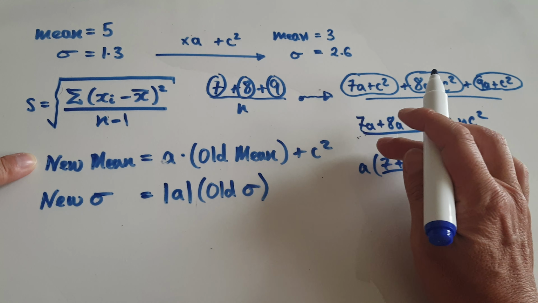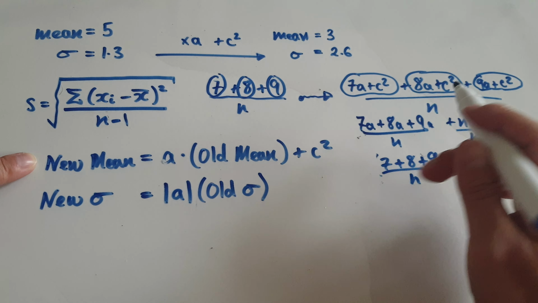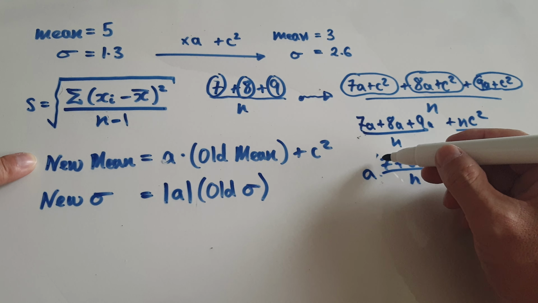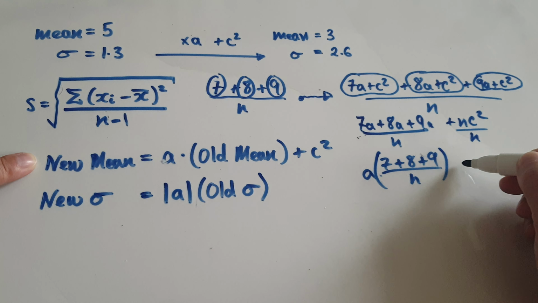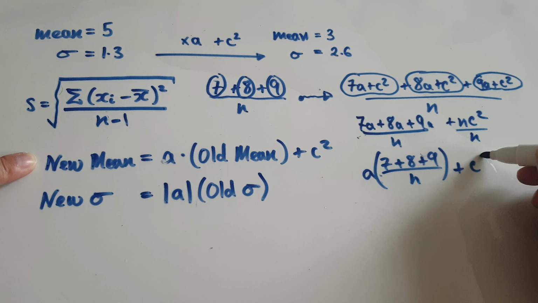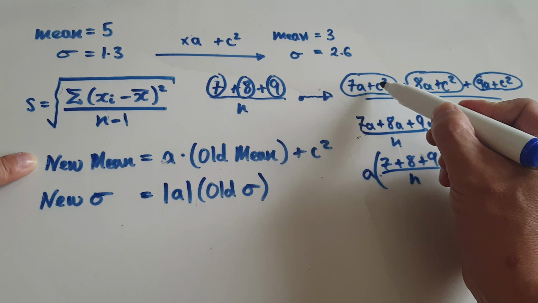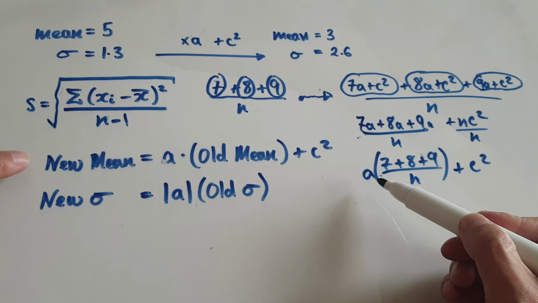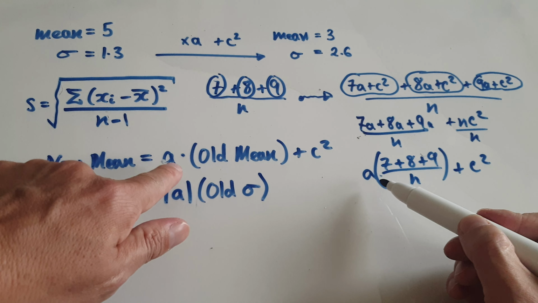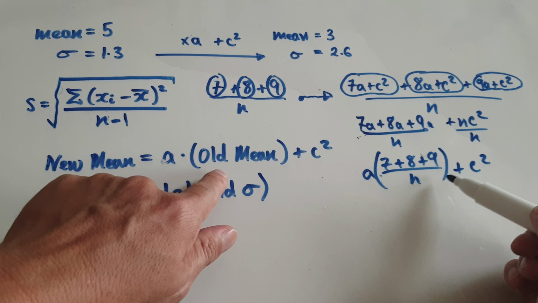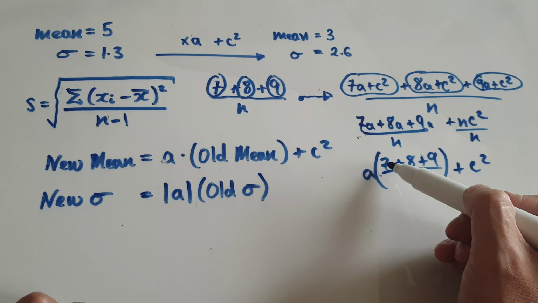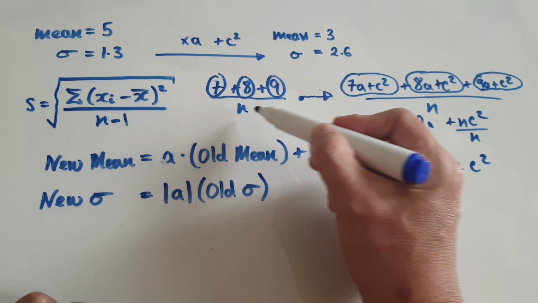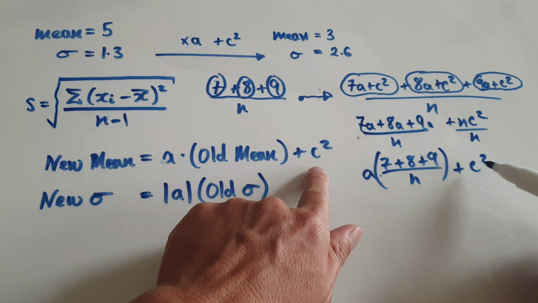You see, this here is our old mean, and the two n's cancel each other out. So when you apply this transformation, the new mean would be a times the old mean, which is 7 plus 8 plus 9 over n, that's our old mean here, and then plus c squared.